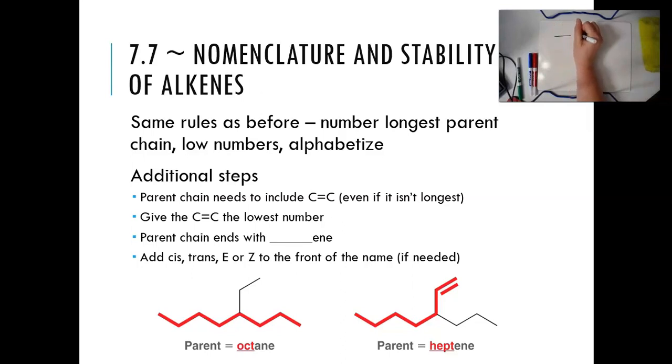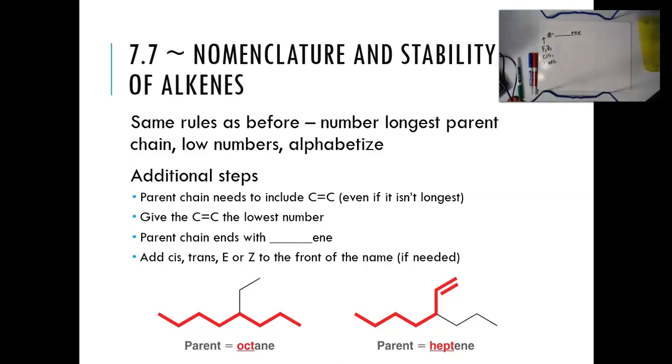Our parent chain is going to end in -ene. So instead of an alkane, instead of pentane, we're going to have pentene. And we're going to put a number in the front of that to tell us where that double bond is. And then in front of that, we will include E, Z, cis, or trans, depending on what type of double bond we're dealing with.